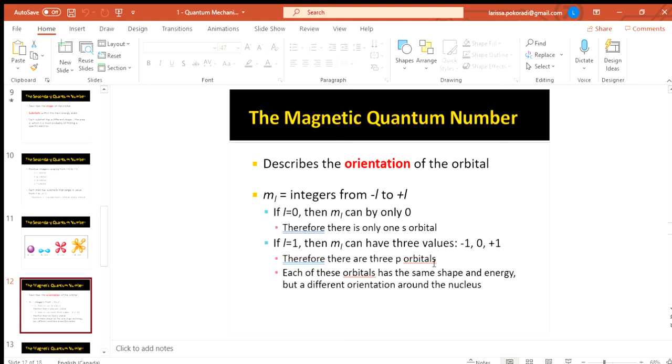You can look them up online to see how they decide to draw those. It gets very complicated pretty much. Just briefly to say though, if we have three different p orbitals and they're in three different axes, if they're all the exact same type of p, if they're all 2p, each one would be the exact same shape and the exact same energy, just shown in a different orientation.